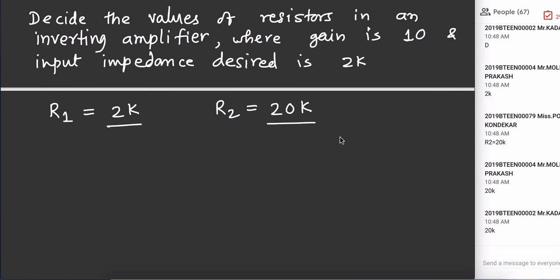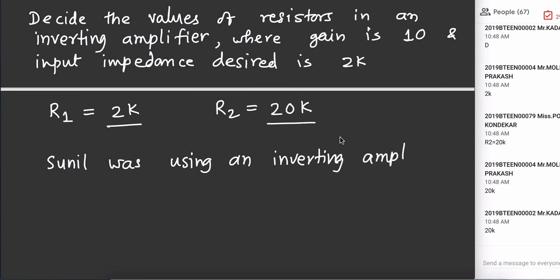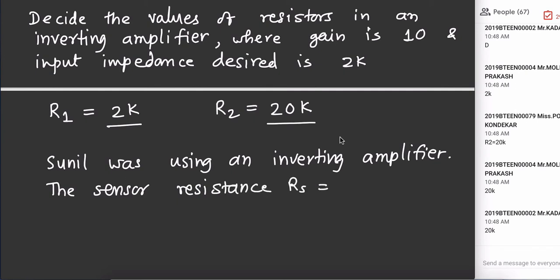Okay. Now the same question can be asked in a different way. Sunil was using an inverting amplifier. The sensor resistance Rs is equal to 300 ohms.